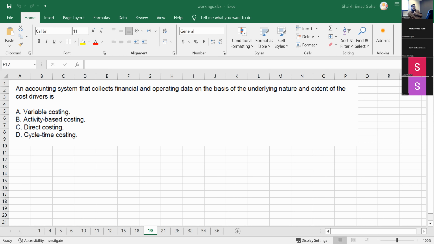Why? Because one product will use more labor hours, another product will use less labor hours. So if you take labor hours as a base, the product which is using more labor hours will get more overhead, and the product which is using less labor hours will get less overhead. Makes sense, right? But that overhead is not only pertaining to labor.